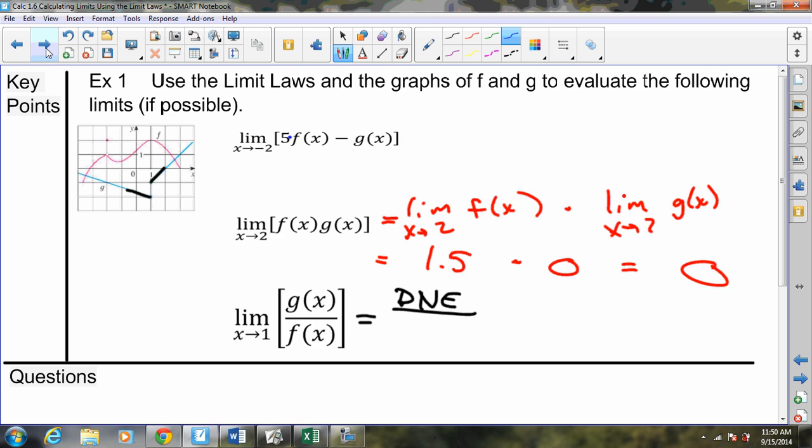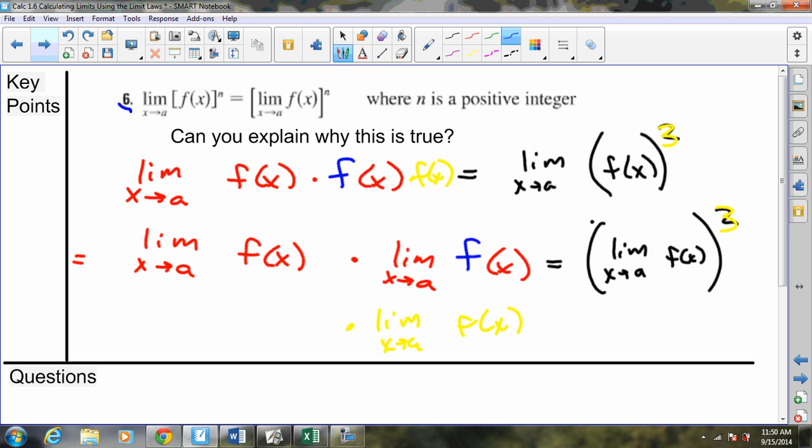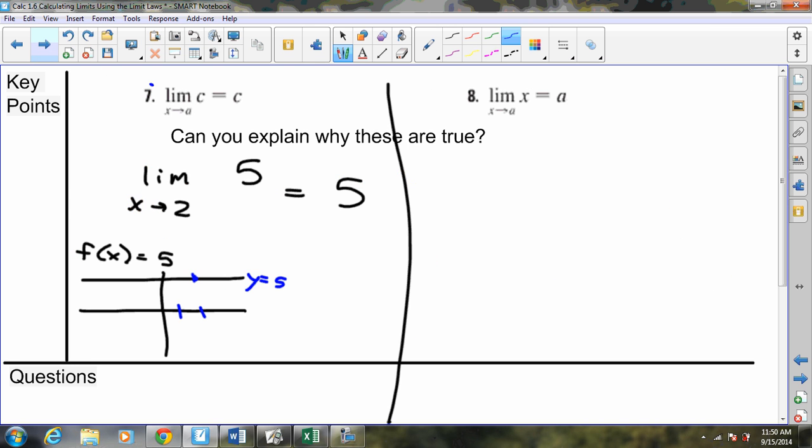Then we had limit law number 6. These are limit laws 7 and 8. Okay, so this would be a piece that's like the limit of x as x approached 2. It's going to be a 2.